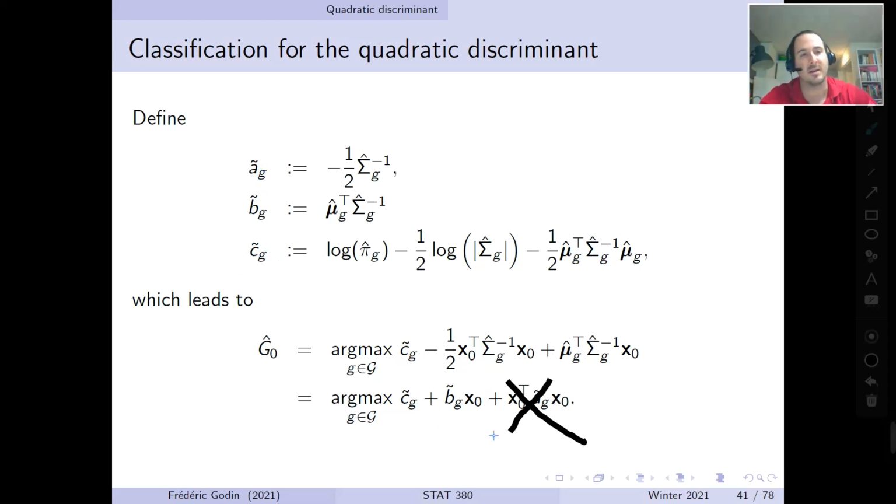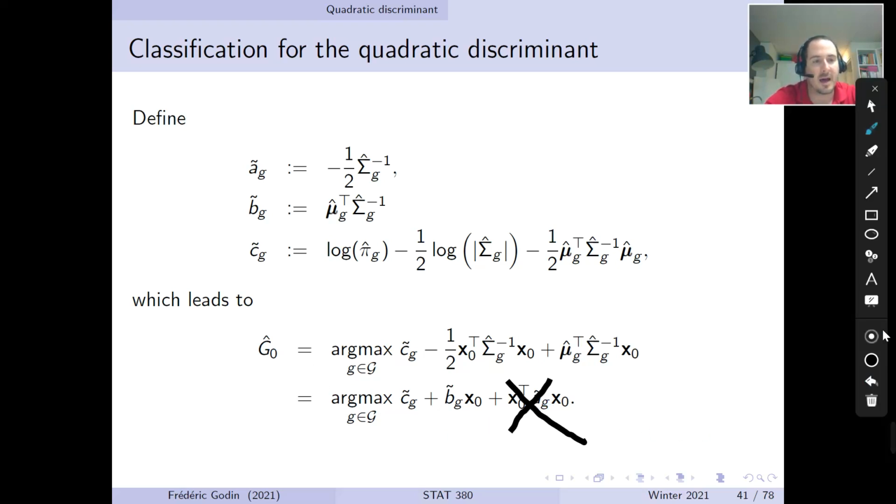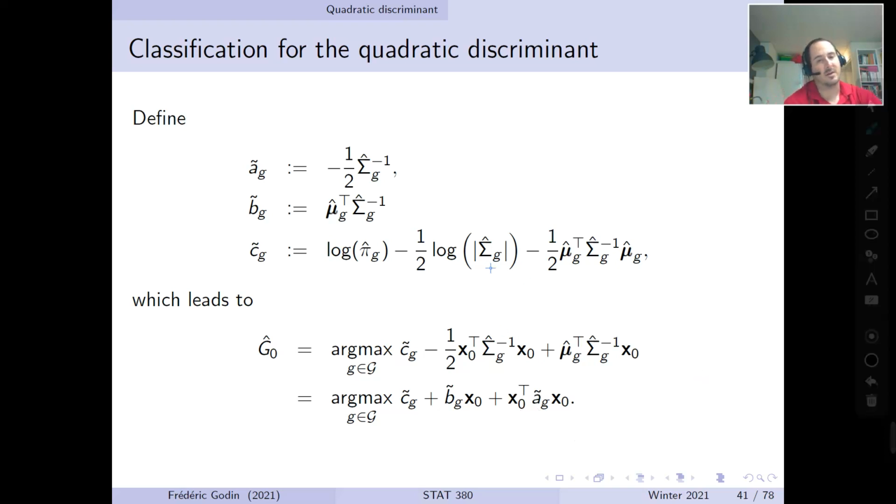But the idea here is in LDA, we didn't have any quadratic term, so G simply had to maximize a linear expression across G. But now that we have sigma that varies across G, there's a new term, which is the quadratic term here. And we can see why this wasn't there before.